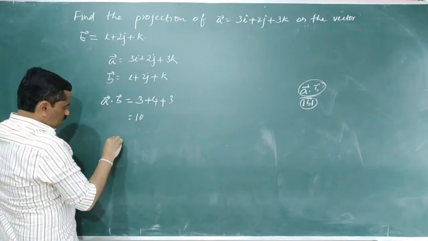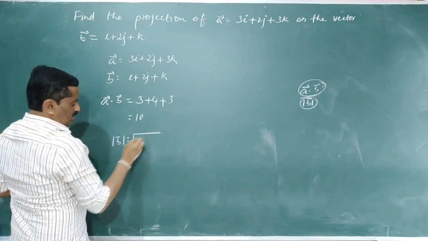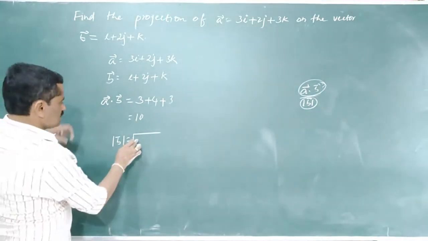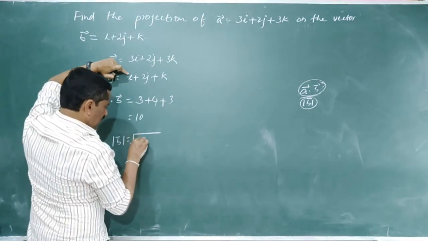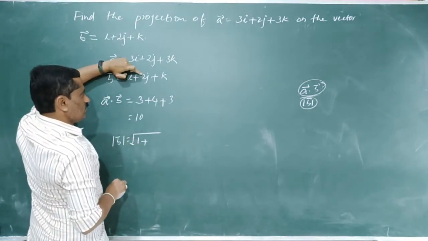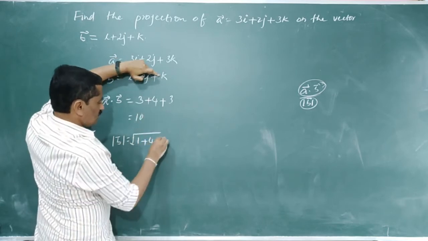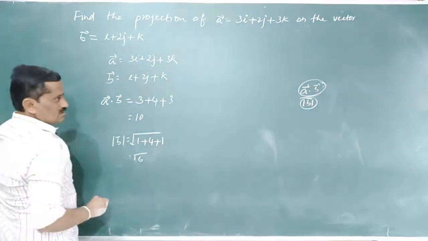Similarly we need to find magnitude of b bar. Therefore magnitude of b bar is equal to, we know the formula, square root of x square plus y square plus z square. Here what is the value of x? We have 1. What is 1 square? That is 1, plus y square. So what is the value of y? 2 square we have 4, plus 1 square we have 1. Again that is equal to root 6.